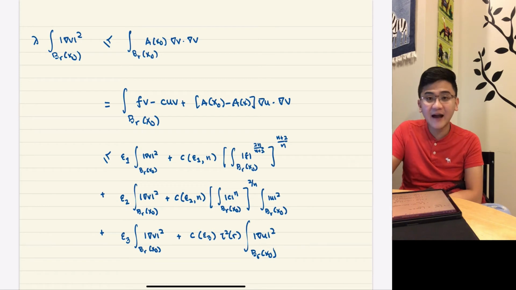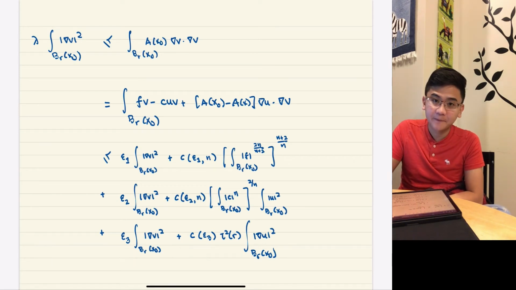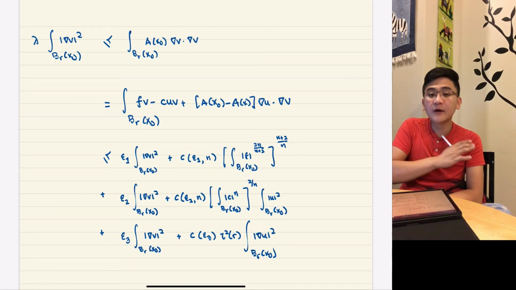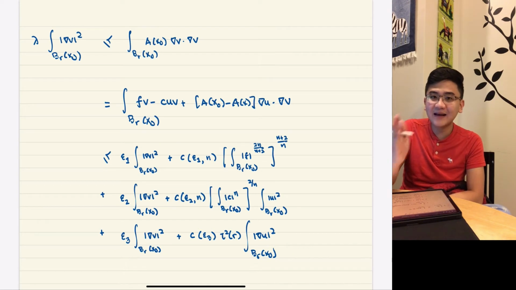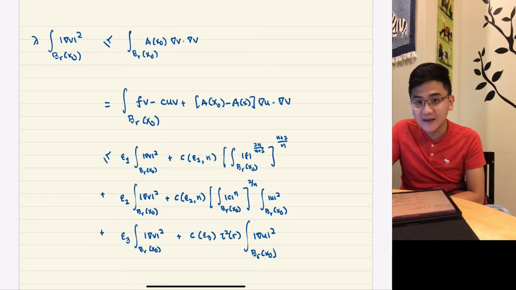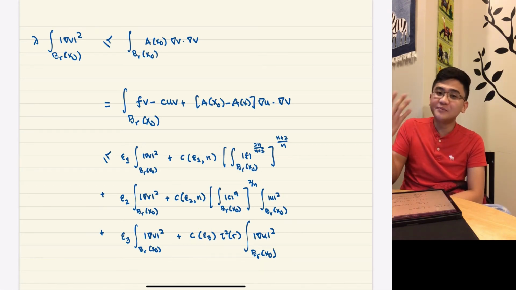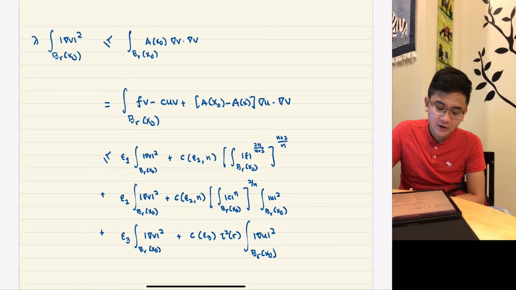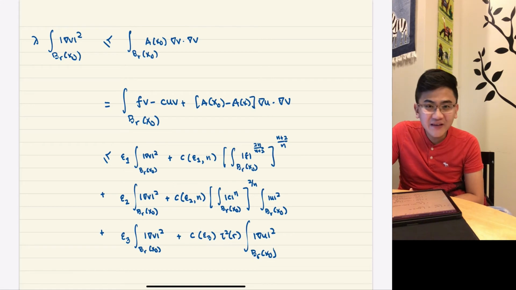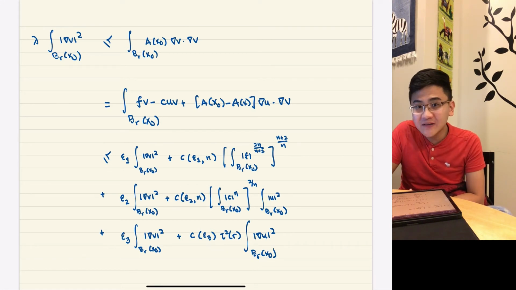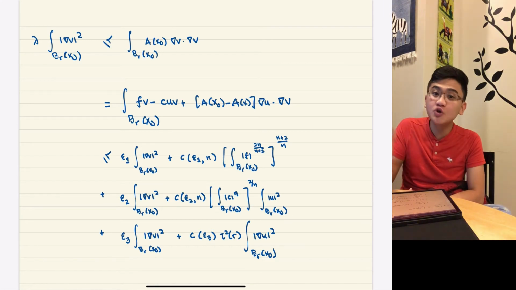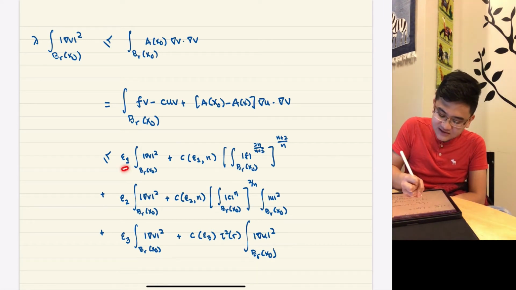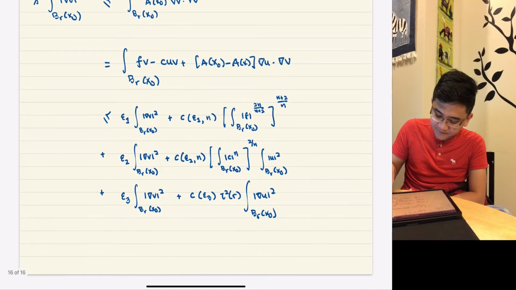Now we want that to be positive. Remember, the goal is to obtain a gradient estimate for V, so that you obtain a gradient estimate for U. If that is negative or 0, when you divide, the inequality would reverse. That's why you want it to be positive, which you can do. So you can choose these to be small.